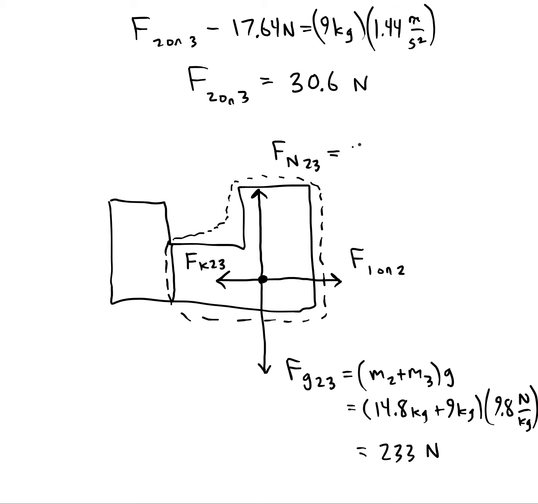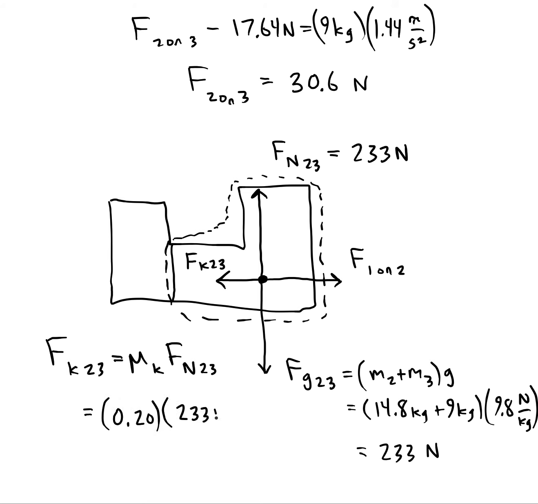So the normal force is also 233 newtons. Alright, let's find the friction now. You want the kinetic coefficient of friction times the normal force for both these blocks. So that's going to be 0.2 times our 233 newtons, 46.6 newtons.